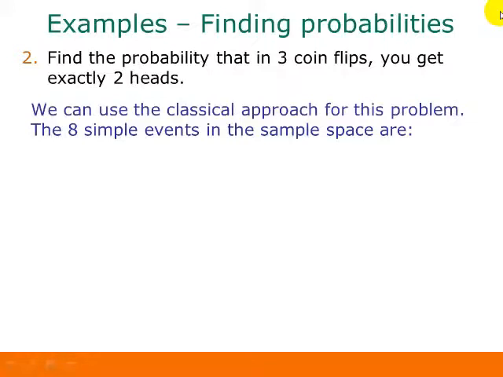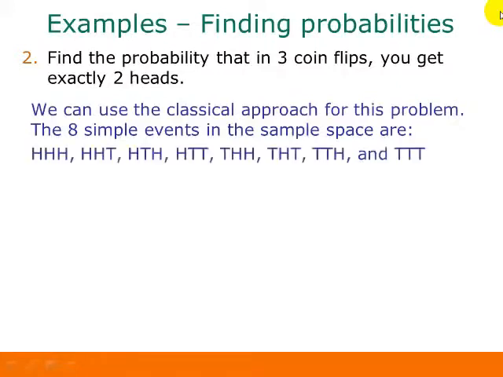Since we're doing 3 coin flips, we end up with 8 simple events in our sample space. This is a lot like the example we looked at earlier with the 3 children being male or female. So the 8 possibilities are either that we get all heads, or head, head, tail, or head, tail, head, and so on. So these are all 8 of our possibilities.